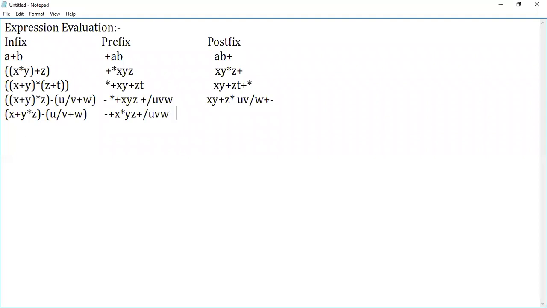Now we can go ahead with the postfix. Postfix, Sai Pavan, that is good. Sai Pavan, where is the subtraction symbol? Puja, just a minute. Postfix, right?